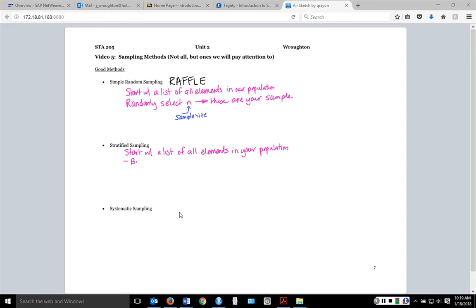Next, we're going to break this list into homogeneous groups that we call strata. And then we randomly choose a given number from each strata.